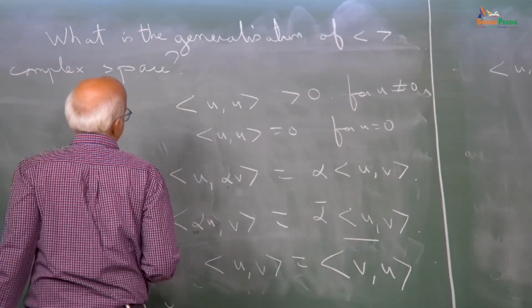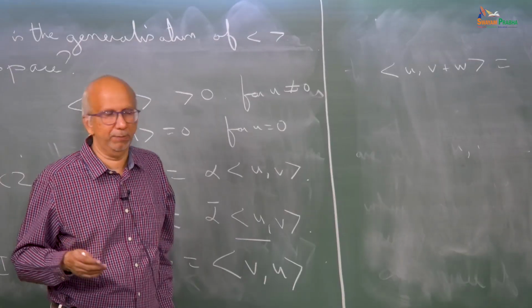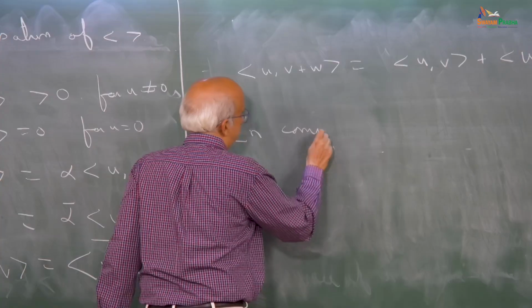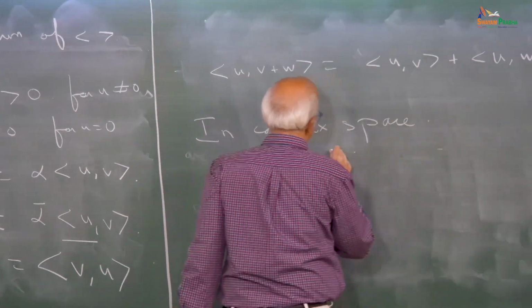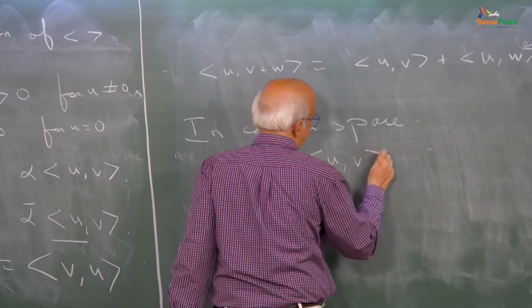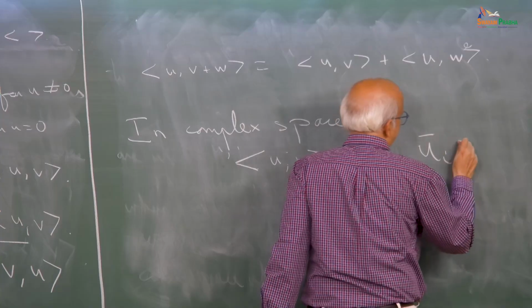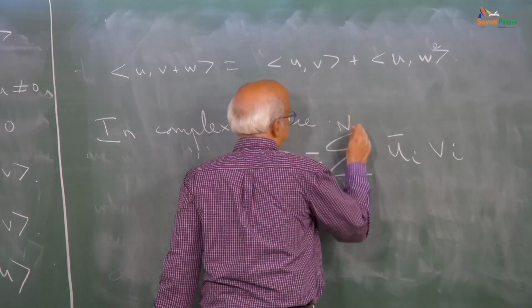So I just want to explain to you how you generalize this concept of inner product. In complex space, the inner product of u with v is defined as sigma ui bar vi, through n.